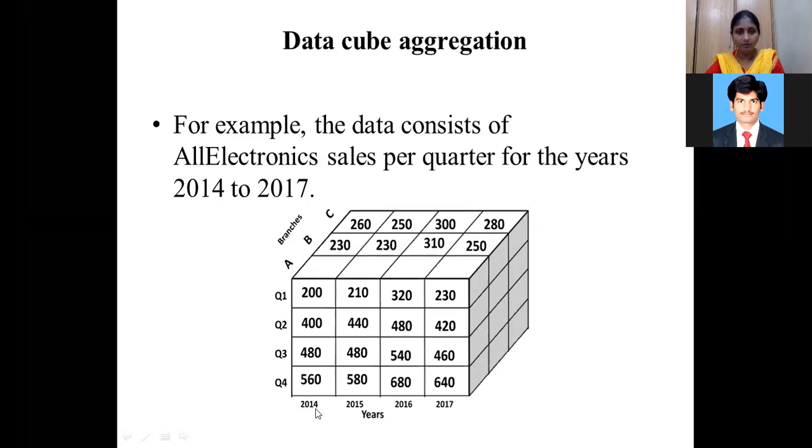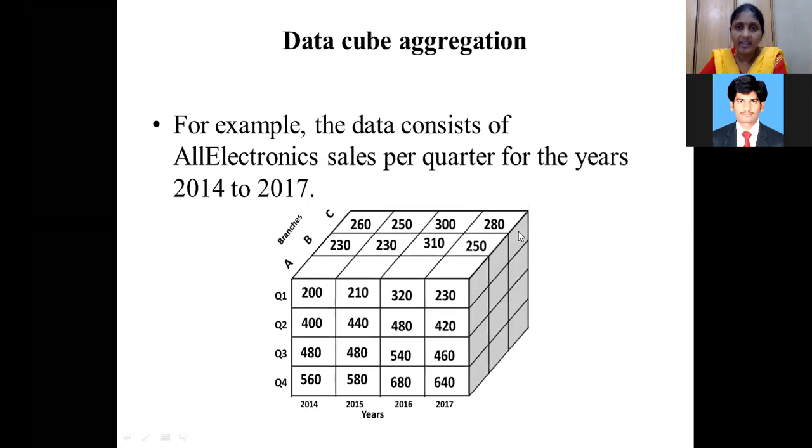Then it will give the total annual data for 2014. If I want to get the 2015 annual data, we have to sum up all these values. That means we are reducing one dimension and moving to a higher level, from quarter to the year level. So that is the aggregation.